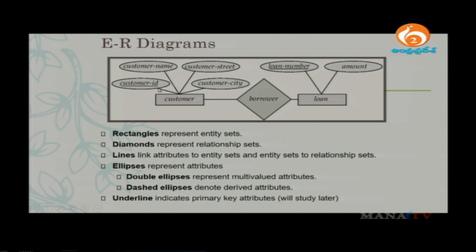There are two attributes represented by an underline sign. These underline signs suggest that it is a primary key of a particular table. You may have a doubt about what this primary key is. You have to wait for some more days, maybe one or two days, to discuss primary keys. Once you know about primary keys, it is very easy to remember.